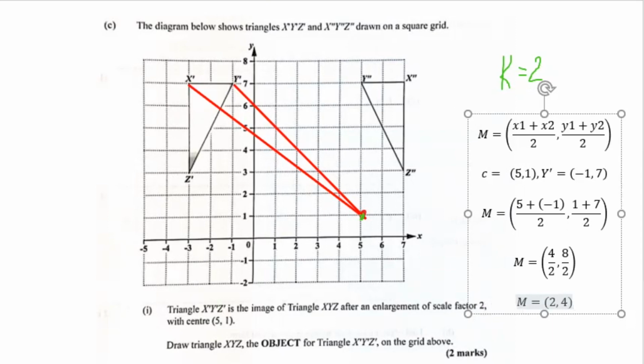So basically what these lines are telling us from the image to the center is that our object is somewhere in the middle between these 2 points, and we're saying it is at the midpoint from our y prime. The coordinates for our y would be 2, 4.